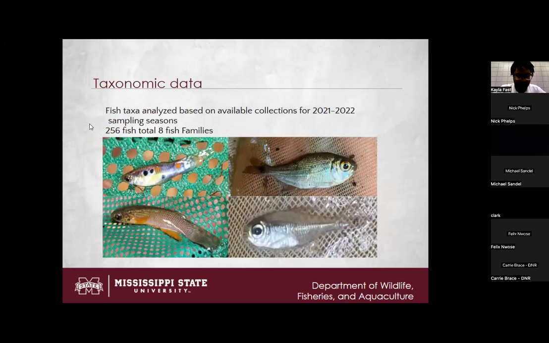As I said, today I'm going to be showing you analysis based off of available bacterial community data that we have. I'm going to be showing you data from a total of 256 fishes that span across 8 different fish families, and from all sample years, 2021 through 2022.